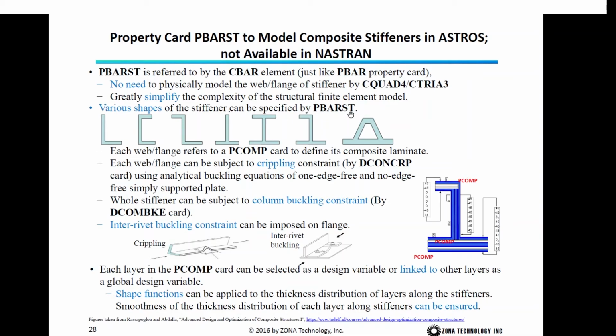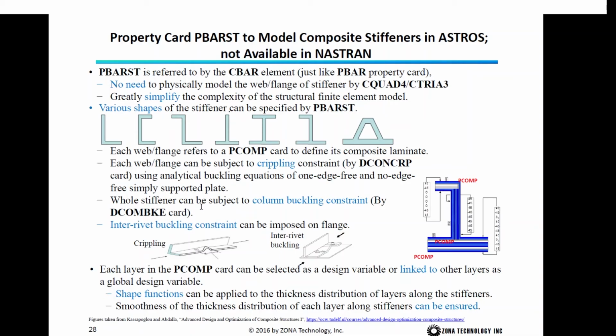In the PBARST, you can select a shape of the stiffener. Each web and flange refers to a PCOMP card to define its composite laminate. Each web and flange can be subjected to a crippling constraint by the DCONCRIP card, using analytical buckling equations of one-edge-free and no-edge-free simply supported plates.